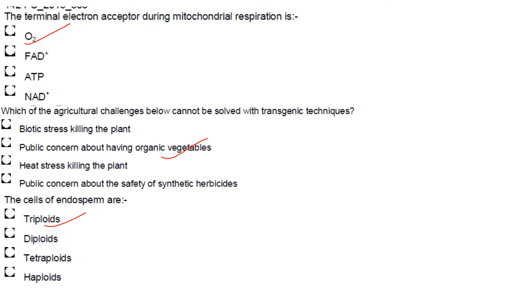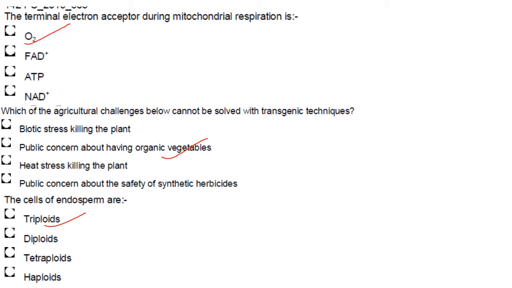Transgenic plants are plants that have had their genomes modified through genetic engineering techniques, either by the addition of a foreign gene or removal of certain detrimental genes. And genetically modified crops are not completely organic in nature. So which of the agricultural challenges below cannot be solved with transgenic techniques?